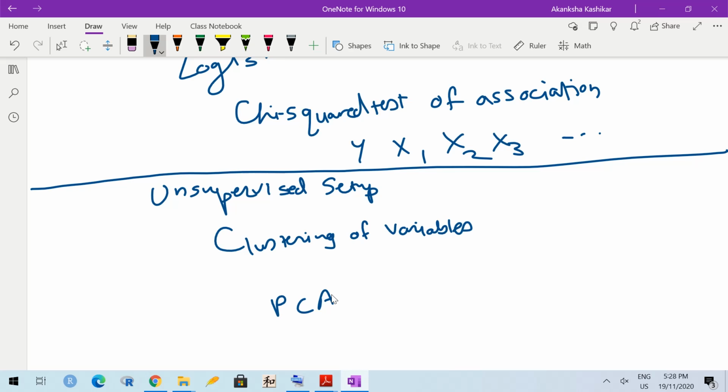There are some advanced methods. For example, there is something called lasso. Your homework is to go and check the full form of lasso. There what you do, again you try to reduce variables by introducing a penalty or a shrinkage parameter.